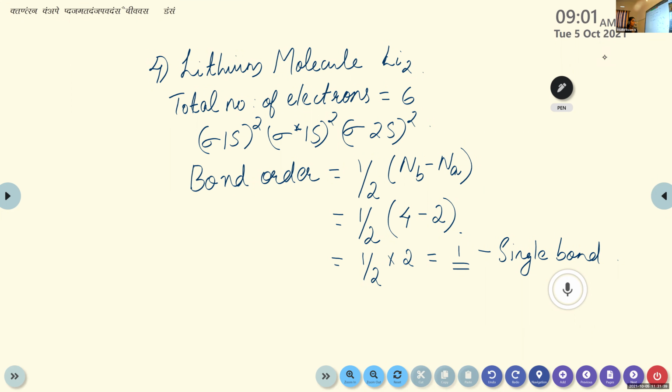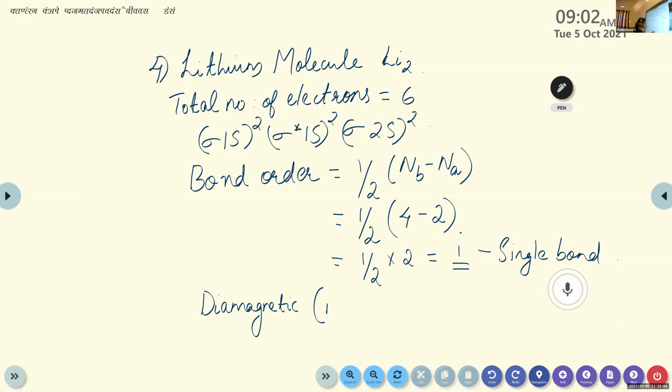Then what about the magnetic nature? Diamagnetic or paramagnetic? Any unpaired electron here? No, right? So it is diamagnetic.